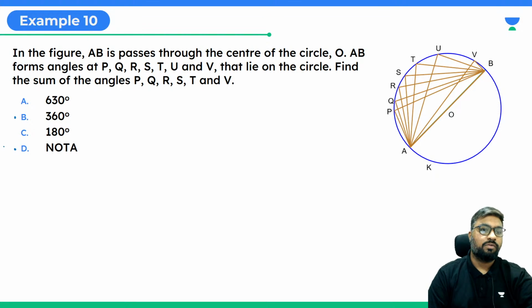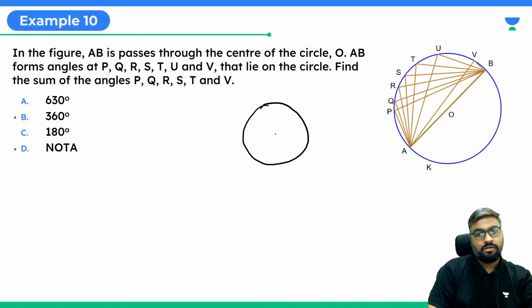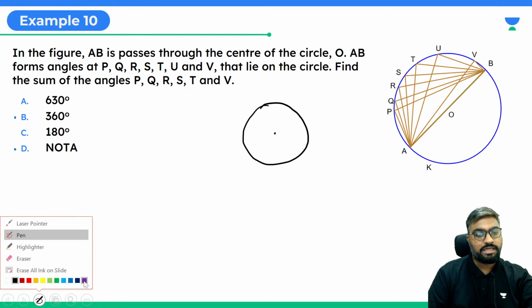Let's look at this. So what are they saying? They're saying AB passes through the center. So if AB passes through the center, it is clear that AB is the diameter, correct? Yes, AB becomes the diameter here.